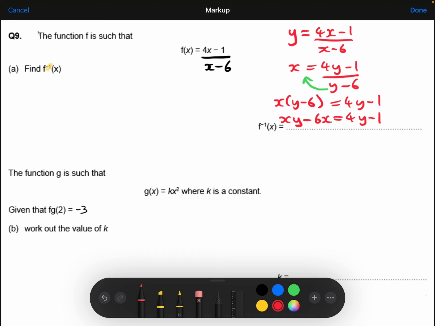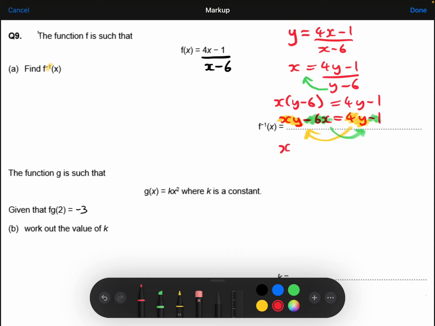Next, the terms that have a y in them, I'm going to put on one side of the equation. So this term here has got a y, this term here has got a y, so let's have them both on the left-hand side. The terms that don't have a y in them, this one and this one, let's have them on the right-hand side.